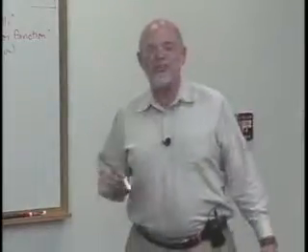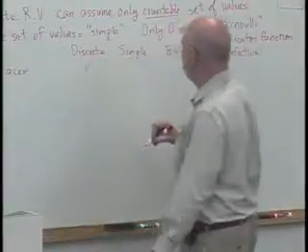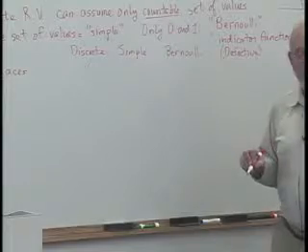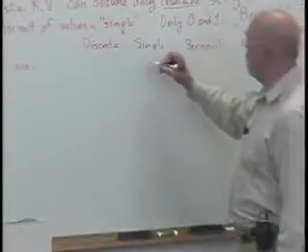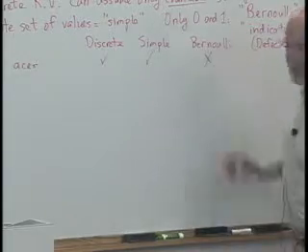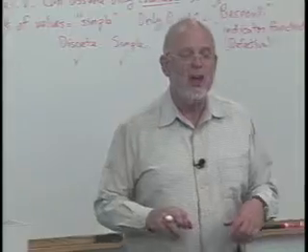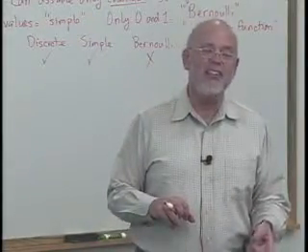Okay. This is a discrete random variable? Sure. There are only 4 or 5 values that it can achieve. Is it simple? Sure. It has the values 0, 1, 2, 3, or 4. Is it Bernoulli? No.